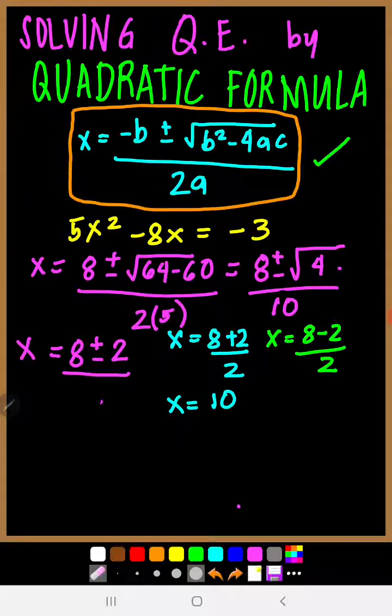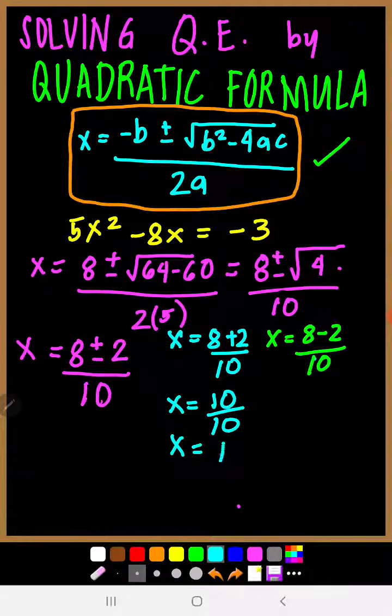This is 10. My mistake. Okay, let's go back. The first equation is x equals 8 plus 2 over 10, that's 10 divided by 10, so x equals 1.